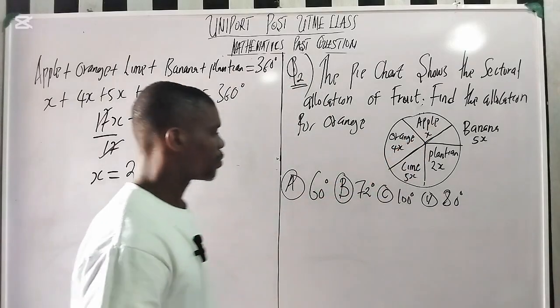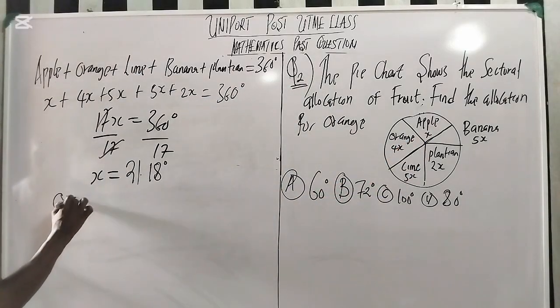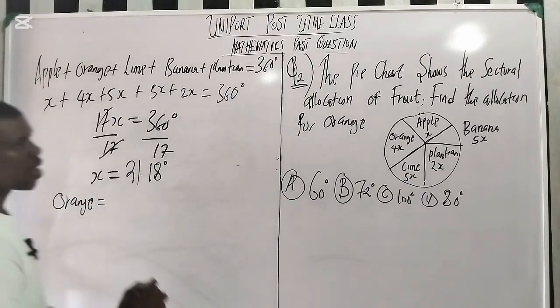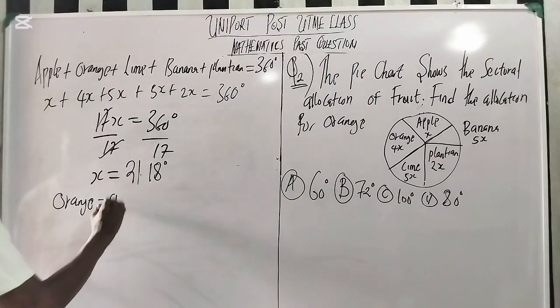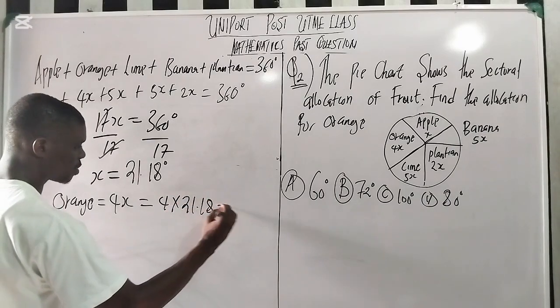So for the apple, now what they say we should find here, for the orange, is 4x, right? It's going to be 4 times 21.18.